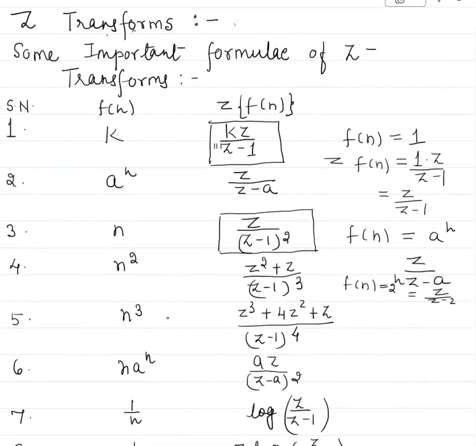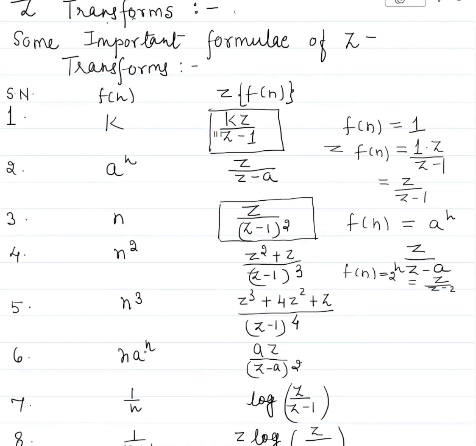So we have to learn these formulae to use in some difficult problems. Now if the function given is n cube and you are going to find the Z transform of it, you will use the formula z cube plus 4z square plus z upon z minus 1 to the power 4.